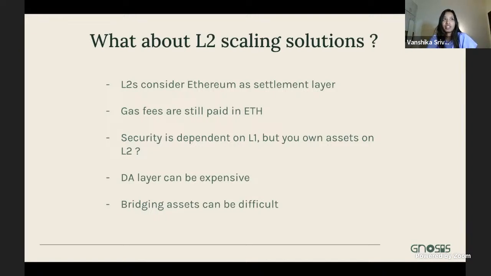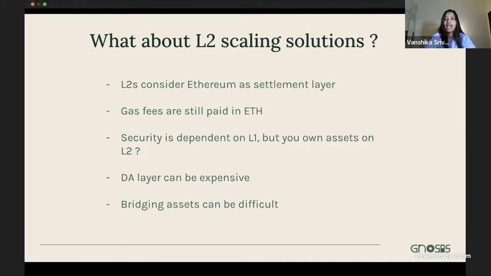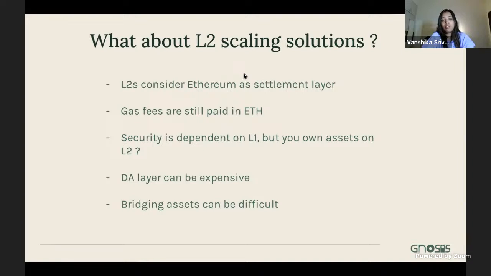And that is a very important thing to consider, that when you're thinking about building this user experience for users of Web3 and dApps, you don't want people wondering, okay, I'm on an L2 chain, I need to probably bridge something out from an L1 and then be able to use it on my dApp, or get my tokens in. So that also makes this entire procedure a bit worrisome.